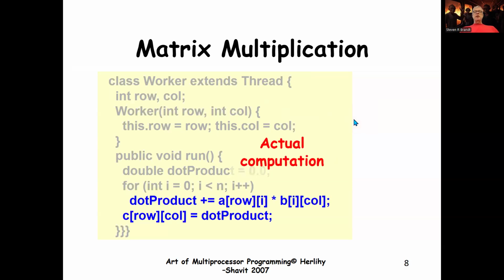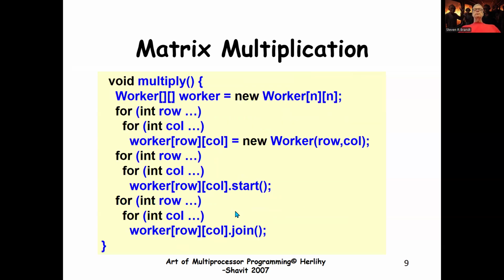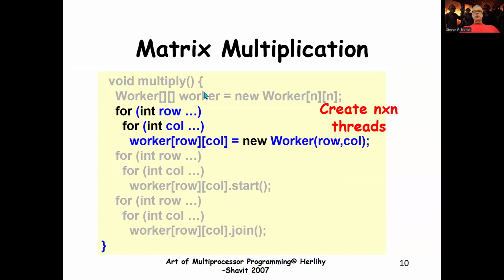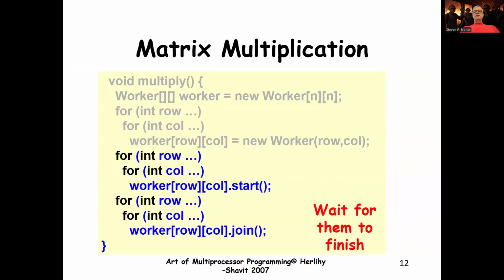The actual computation is this dot product: we sum over all the i's, a row i times b i col, and then set c row col equal to this dot product. The full multiply method creates n by n workers, starts them, and then joins them.